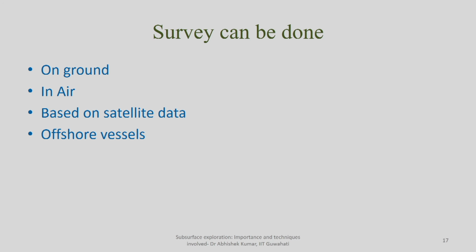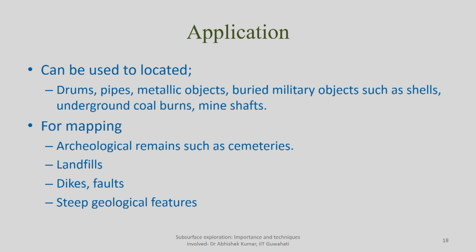Offshore vessels are used by a lot of people because this test particularly started when people started understanding the sea floor characteristics. So, it is more commonly used in offshore investigations, and also to understand continental drift or oceanic drifts.